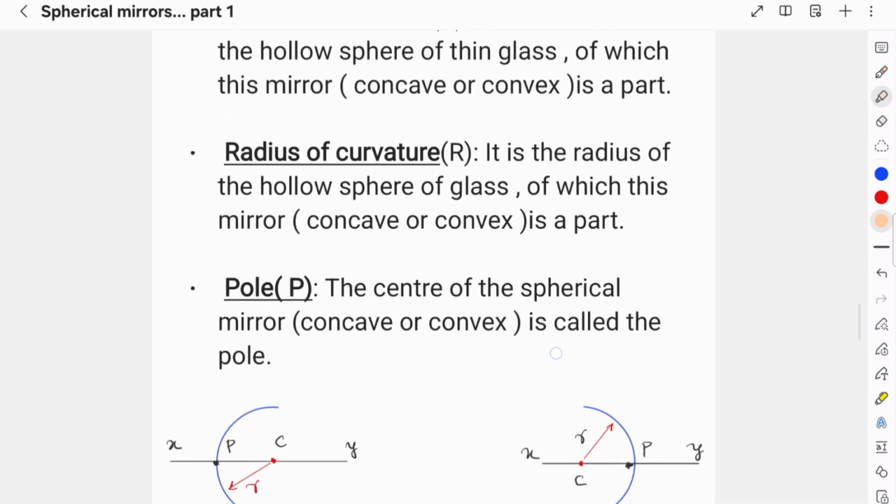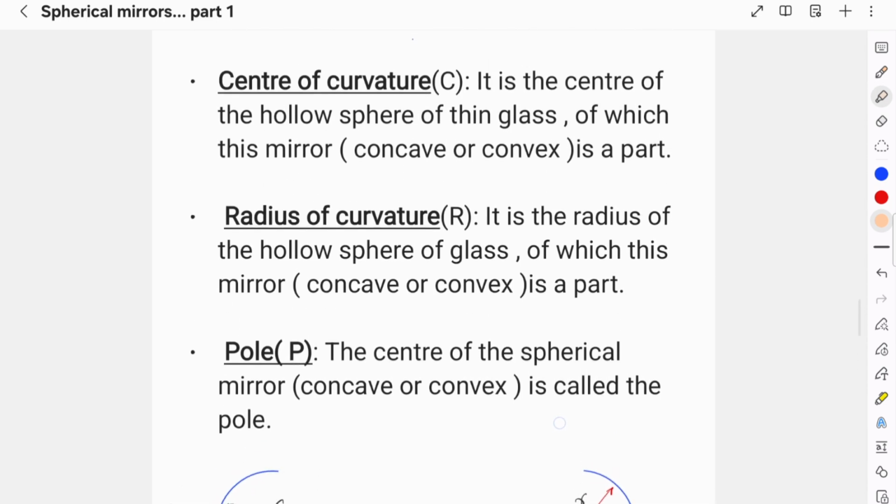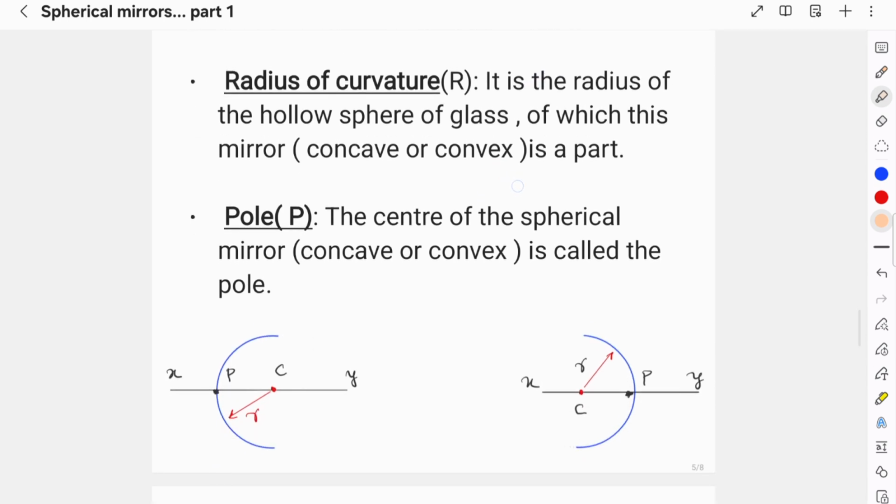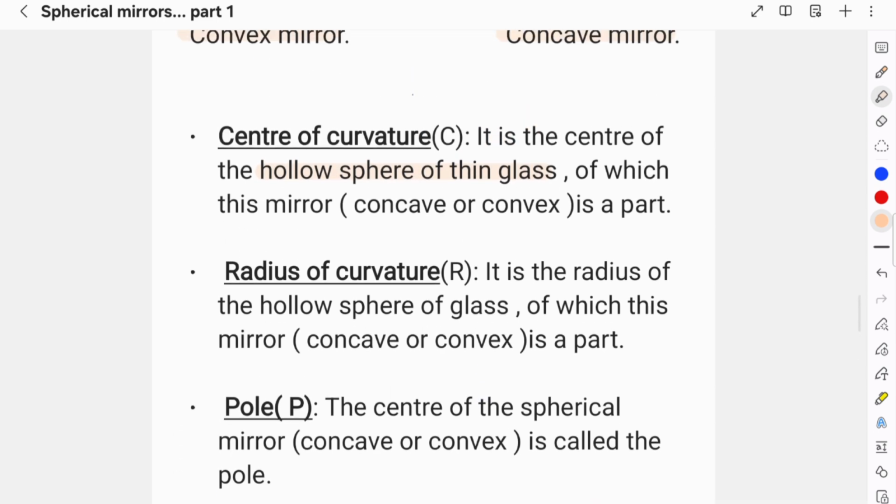So the center of curvature is basically the center of that sphere of thin glass. The center of this sphere, which is hollow and is made up of a very thin glass, is the center of curvature. And since these two mirrors are cut from the same sphere, they also have the same center of curvature.